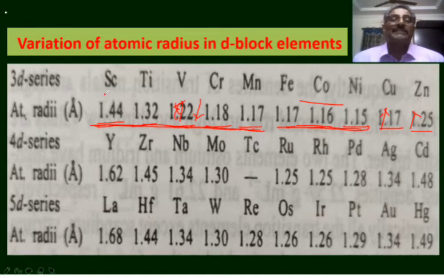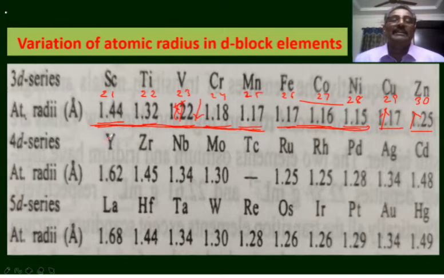The atomic number of scandium is 21, titanium 22, vanadium 23, chromium 24, manganese 25, iron 26, cobalt 27, nickel 28, copper 29, zinc 30.